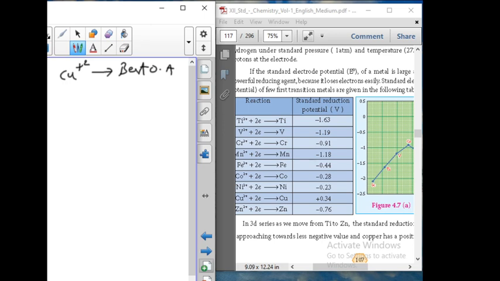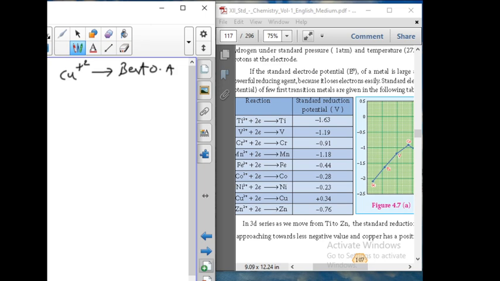If you are comparing two elements, we can easily say which is the best oxidizing agent and which is the best reducing agent. One more thing we have to observe here: which is more stable, copper or copper plus 2? Copper is more stable than copper plus 2.